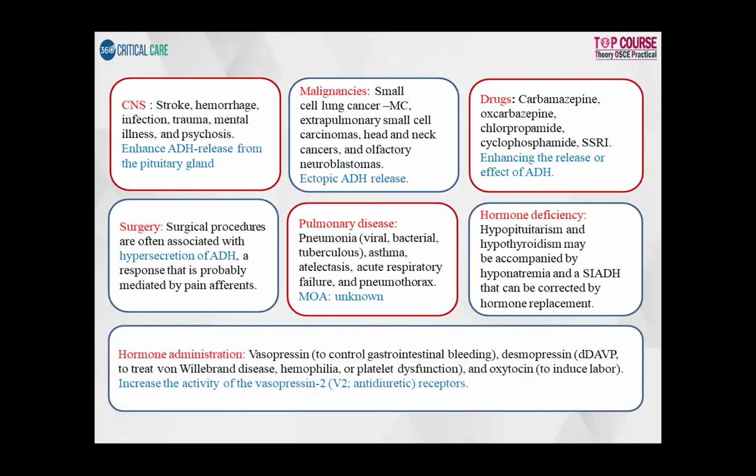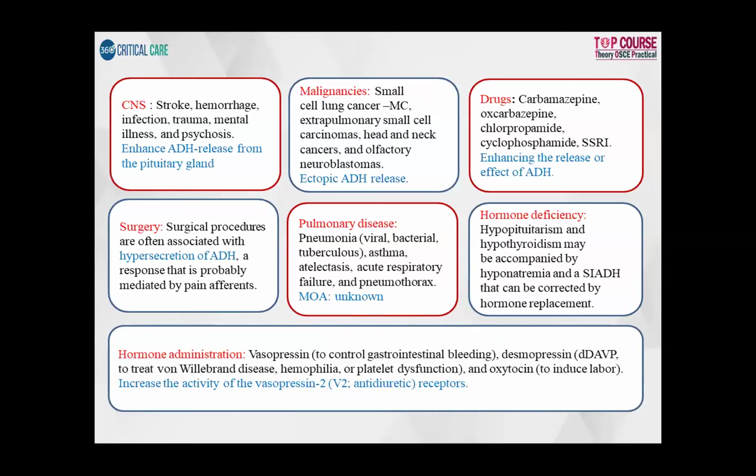And some hormone administration, like we administer vasopressin to control upper GI bleed, desmopressin to treat von Willebrand's disease, hemophilia, or any platelet dysfunction, and oxytocin to induce labor. All these may increase the activity of the V2 receptors and may lead to SIADH. So these are the secondary causes of SIADH.